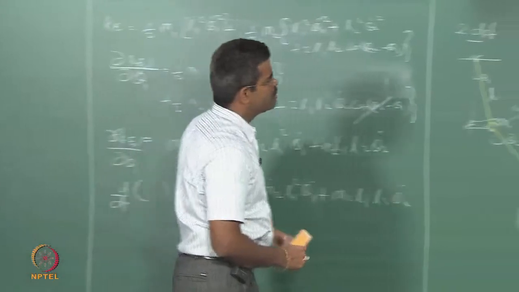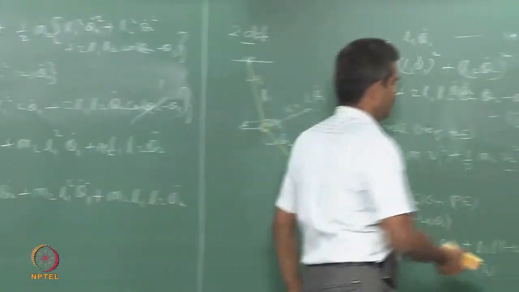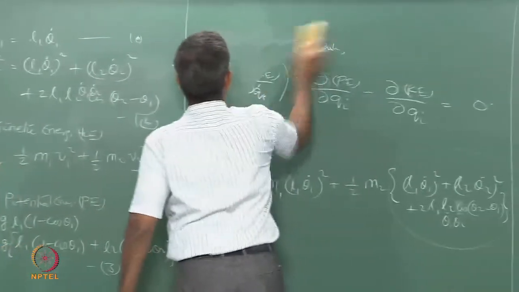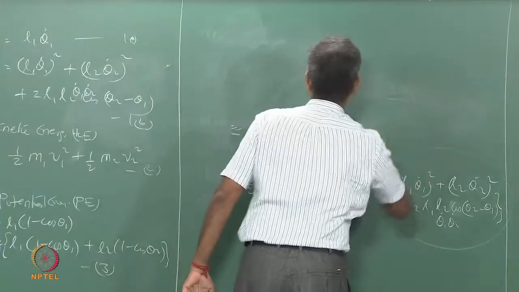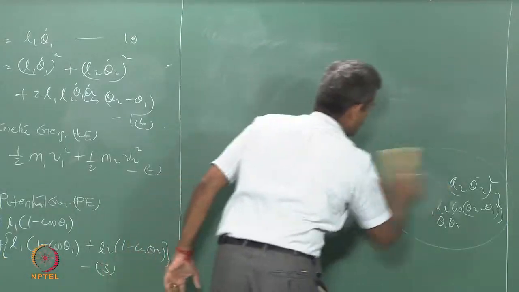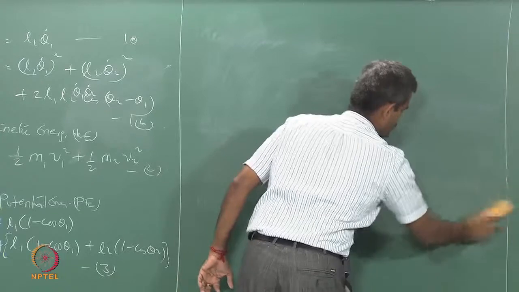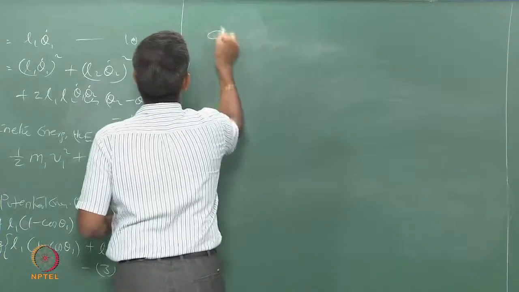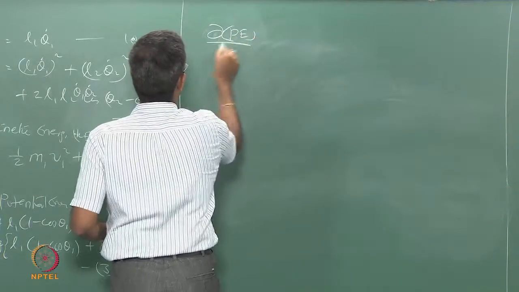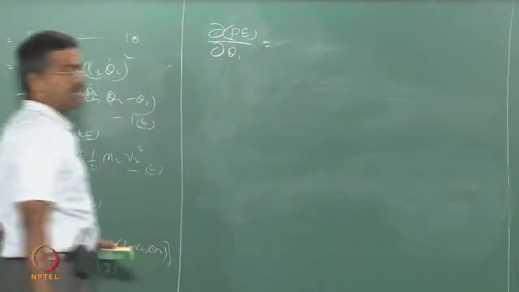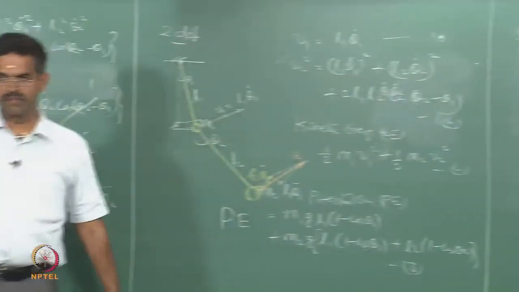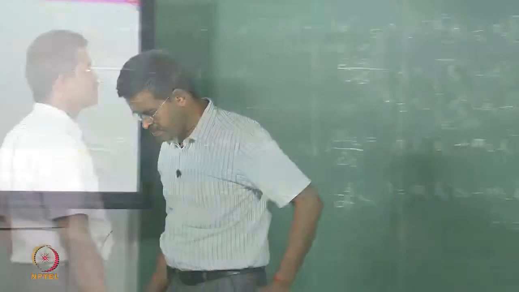Then similarly, we can find the partial derivative of potential energy with respect to theta 1. Can you give me this value, because the potential energy equation is already here with respect to theta 1.